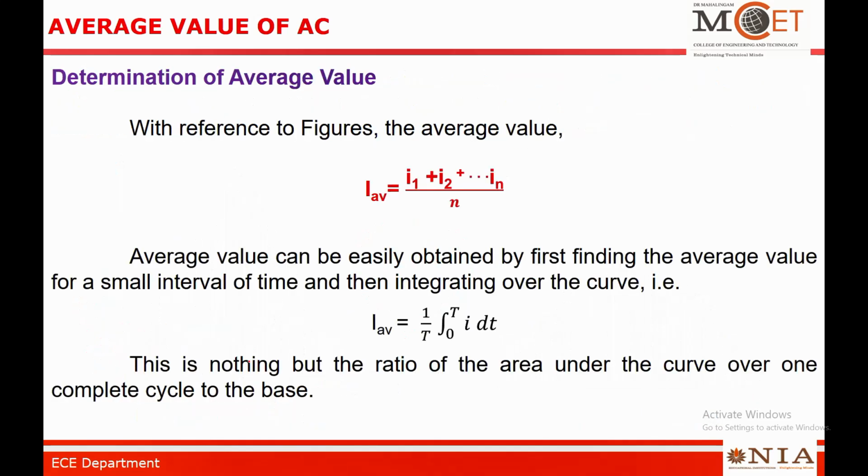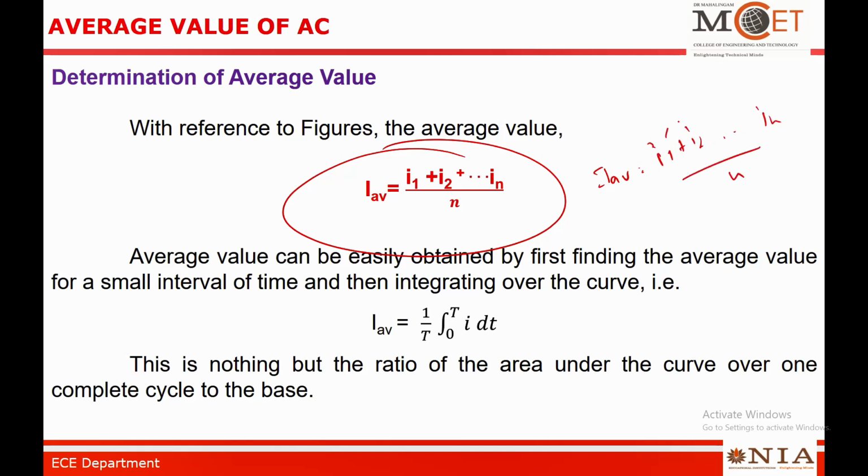Okay, so now for determining this average value, the equation is mentioned like this. The average value of the current IAV is equal to I1 plus I2 till IN divided by N, where I1, I2, IN are the current components. These current components will give the average value of the current.